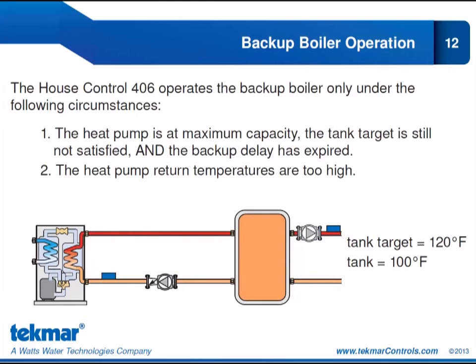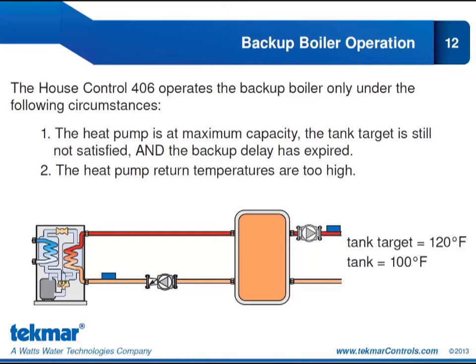And the way it does that is by only operating the backup boiler under the following circumstances. The first condition is if the heat pump is at maximum capacity, the tank target is still not satisfied, and the backup delay time has expired.